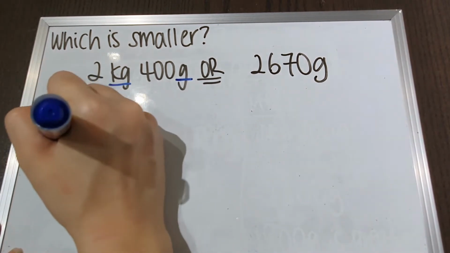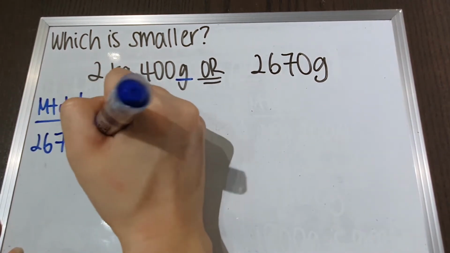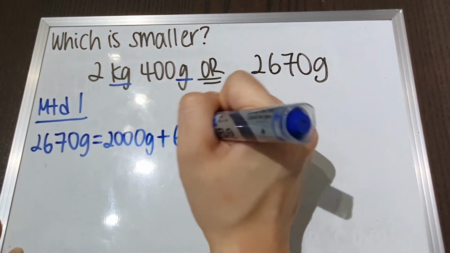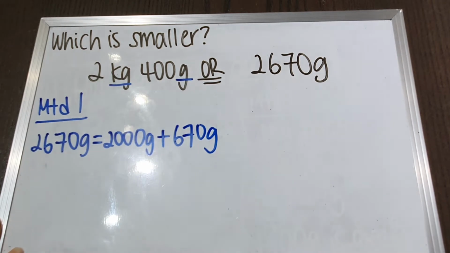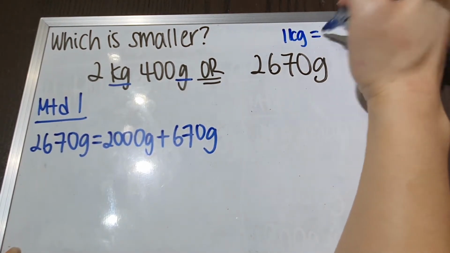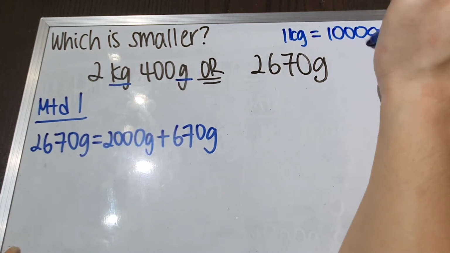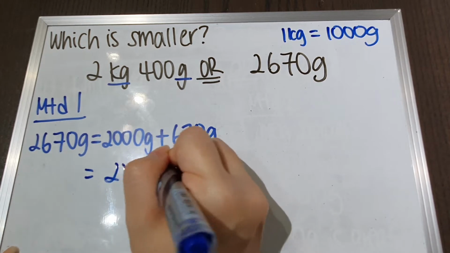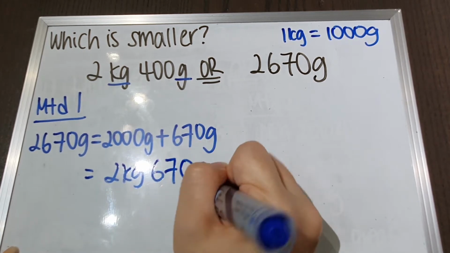So 2,670 grams, we know it's the same as 2,000 grams plus 670 grams. And recall that 1 kg is equals to 1,000 grams. So 2,000 grams will be equals to 2 kg and 670 grams.